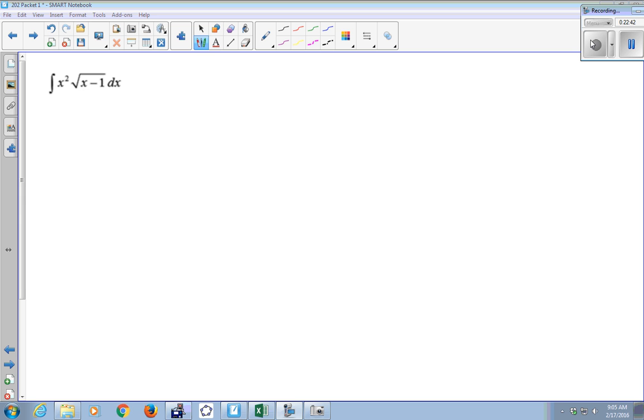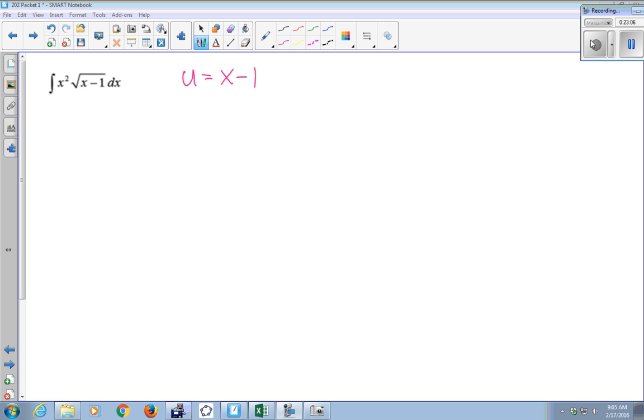There's no way that you would know which one would work ahead of time. You have to just pick one and try it. I'm going to pick the one that works because I tried both earlier. So I'm going to tell you that we're going to choose u to be x minus 1, the inside function, just to save us the time of doing one that doesn't work.